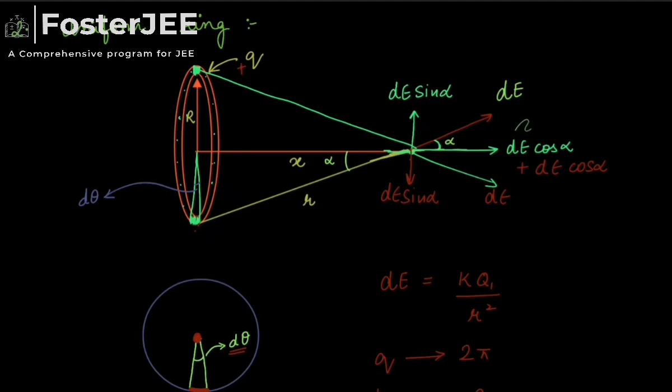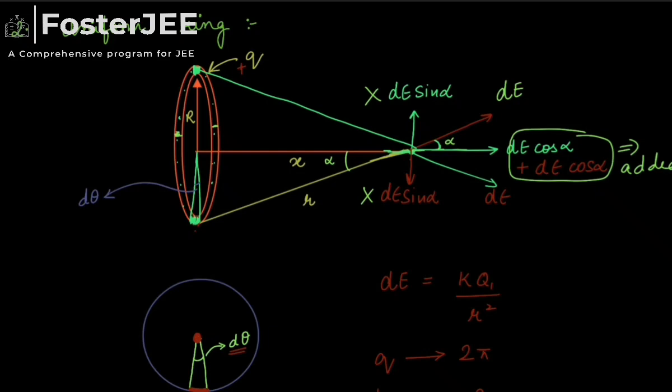So we can see the component away from the ring is getting added, but the component perpendicular to the ring is getting cancelled. That is, this will cancel this. Similarly, every part of this ring will cancel the electric field in this direction, that is the radial direction.